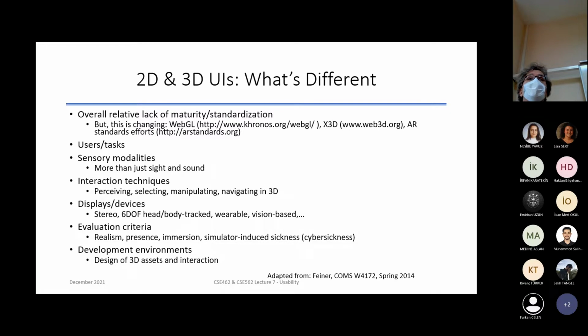And even now, these technologies have no standards. Everybody does whatever they can find. So, for example, there is no standard in graphics, in modeling, in tracking, in displays, in head-mounted sets.